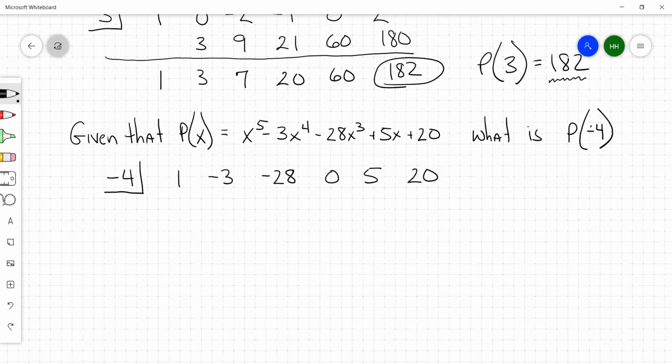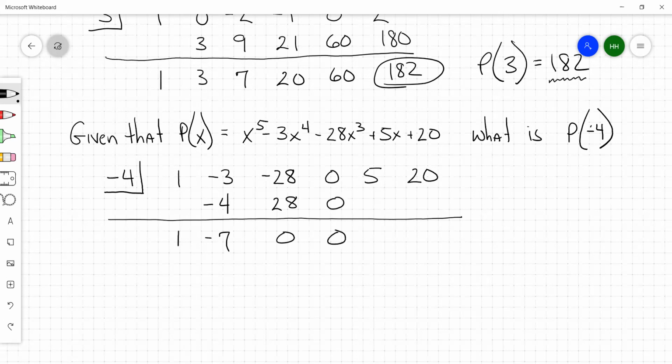All right, here we go. So -4 times 1 is -4. -7, 28, 0, 0, 0, 0, 5, -20, and 0.